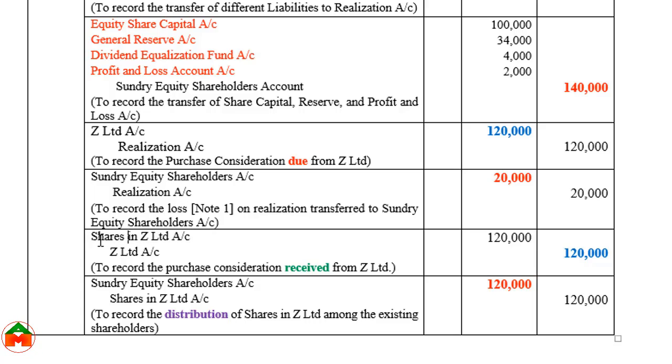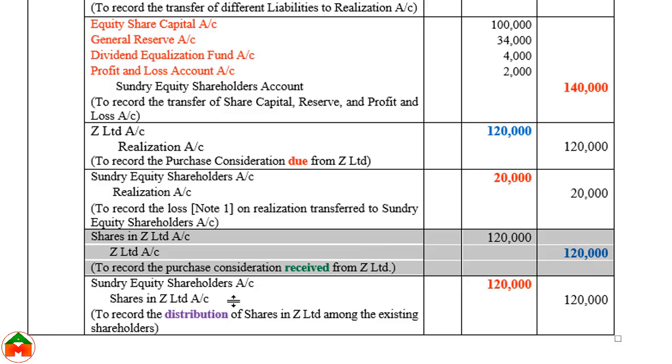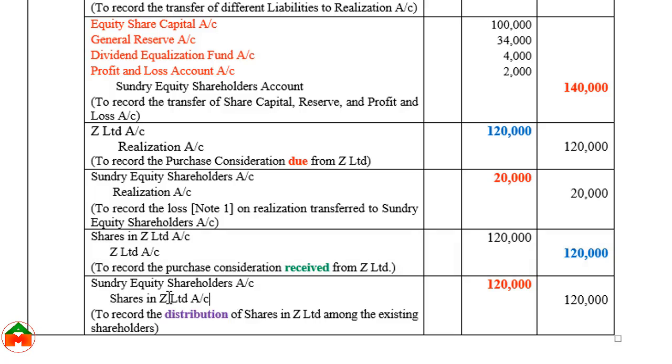That's why shares in Jet Limited debit. And this journal will be inversed here. Whenever there is a distribution of shares in Jet Limited, this account will be shown in the opposite side here, and the sundry equity shareholders will be debit side.